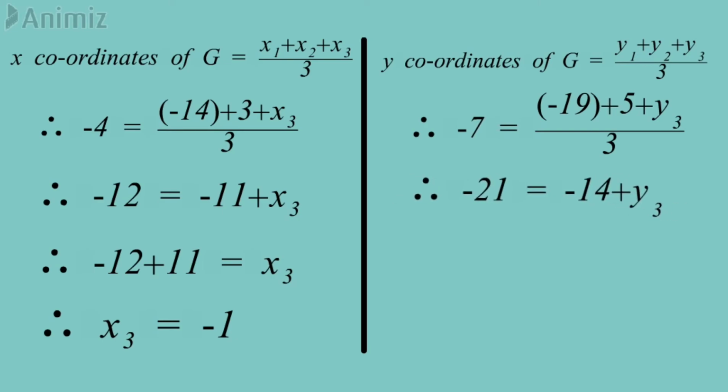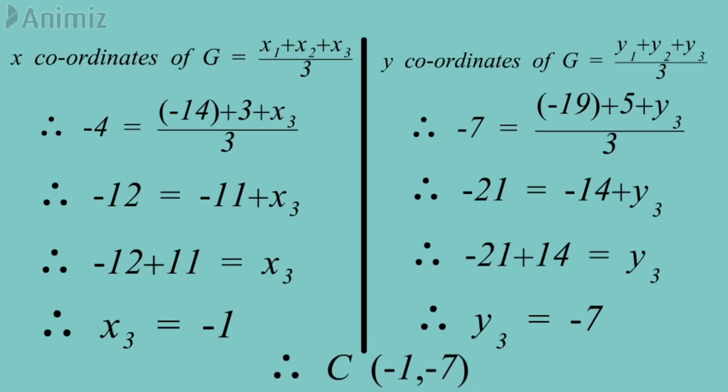Now transfer minus 14 towards the left hand side. Minus 21 plus 14 will give you the value of y3. So it will be what? Minus 7. So your value of y3 is minus 7. So the coordinates of your third vertex are minus 1, minus 7.